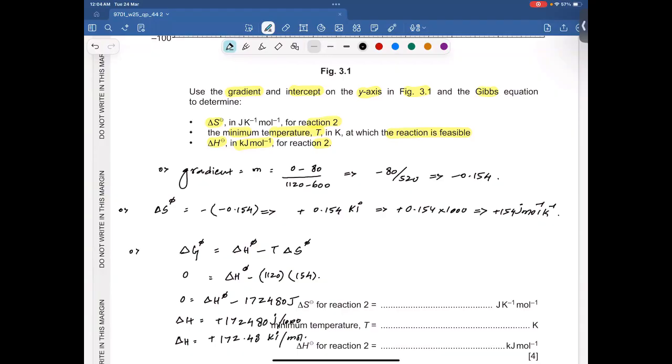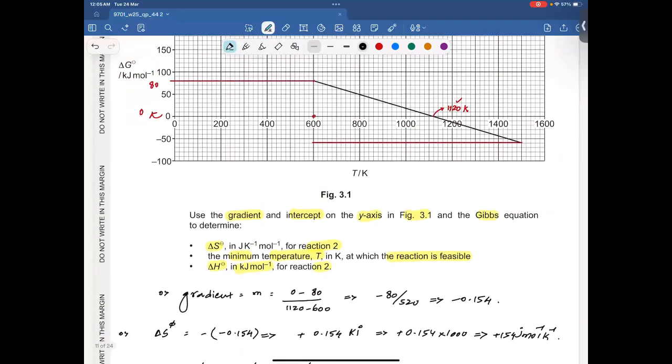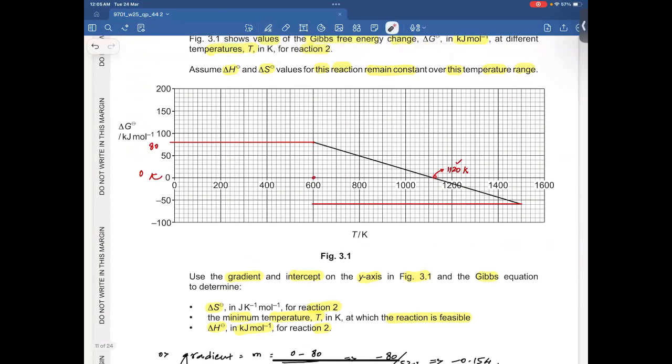So delta S naught for reaction 2 is basically plus 154. Temperature was 1120 because at this temperature delta G is 0, okay?